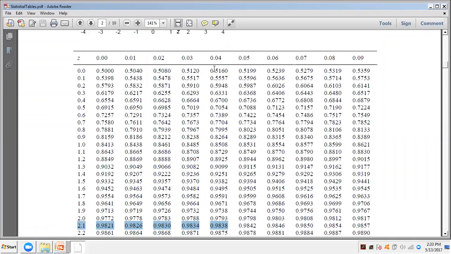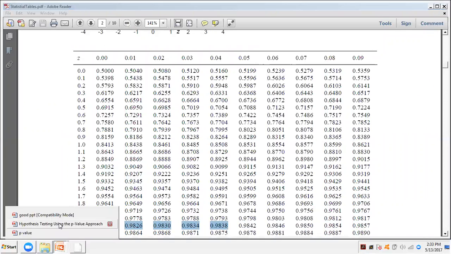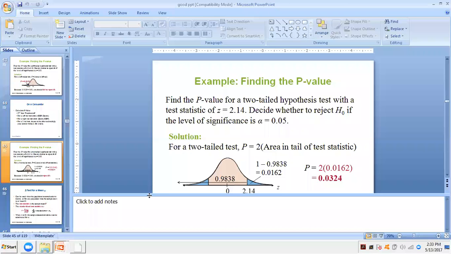So this is 2.14. The corresponding intersection cell is 0.9838. So 0.9838 is this whole area.